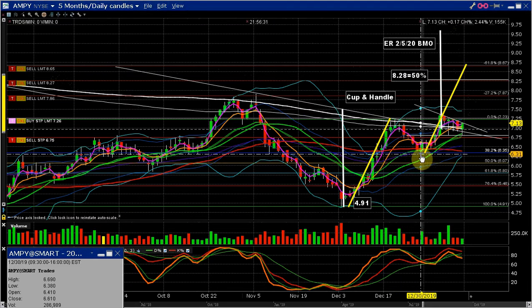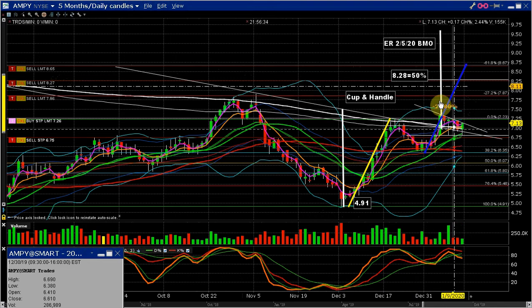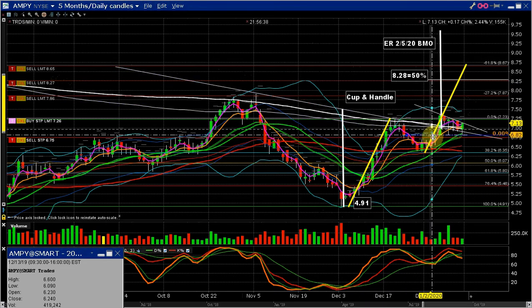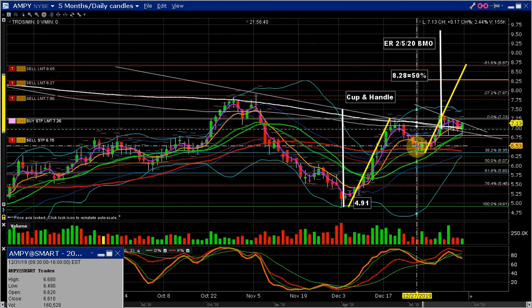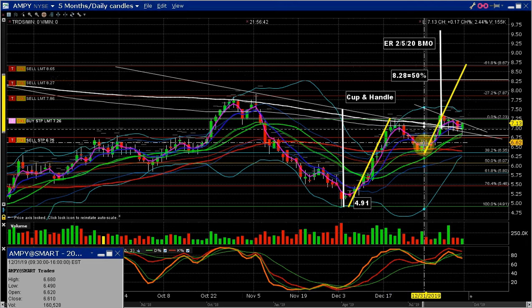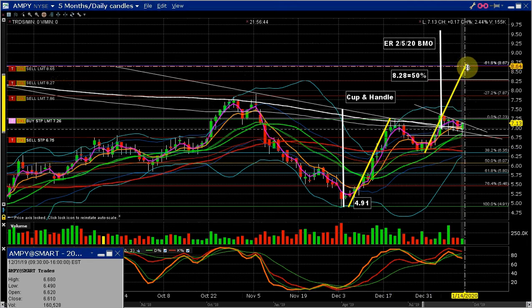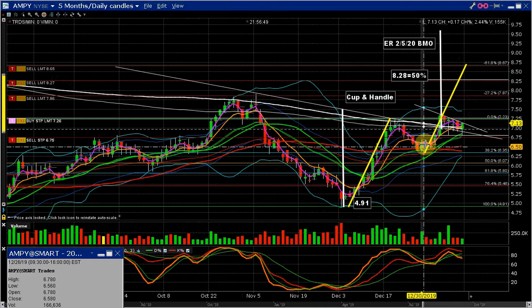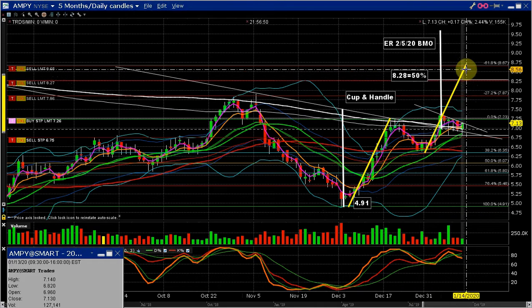That's point C, and then you copy this line and situate it beginning at the bottom of your retracement. So this would be point C, and the top of that is point D. The expected projection of this price move would be up here at point D.